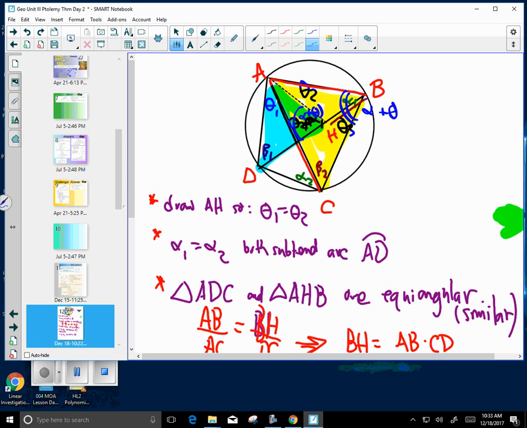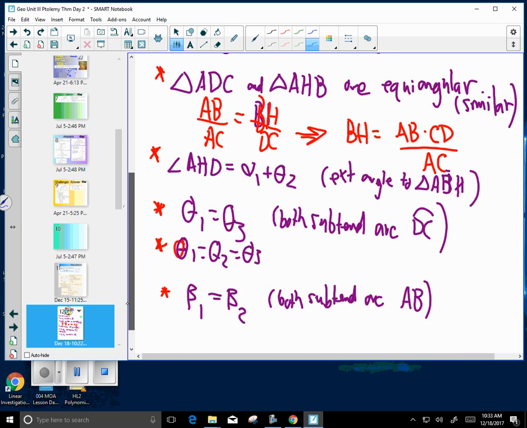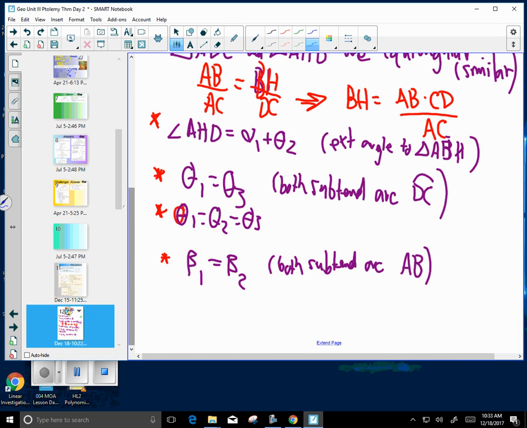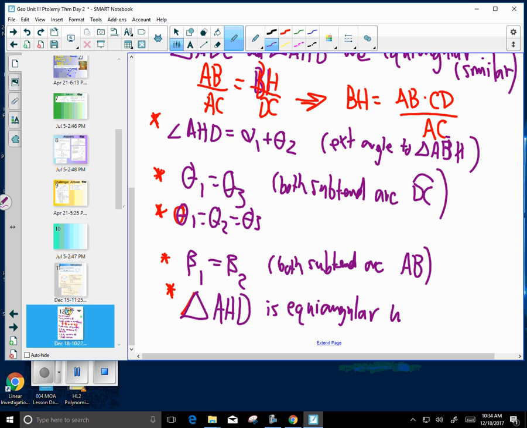And we've already shown the alphas are equal and the betas are equal. So if those two are equal, then we can say that triangle AHD is equiangular with ABC.